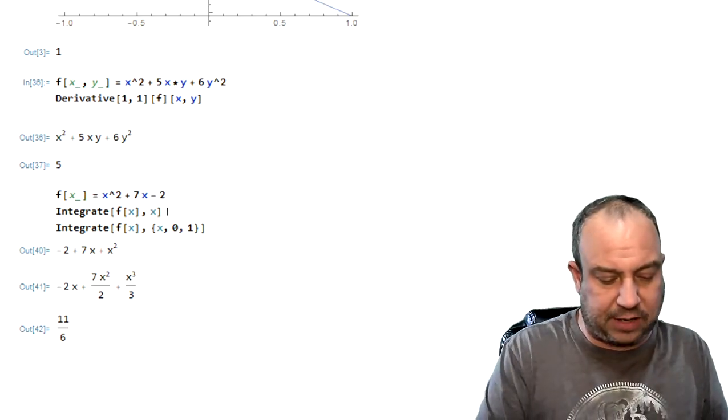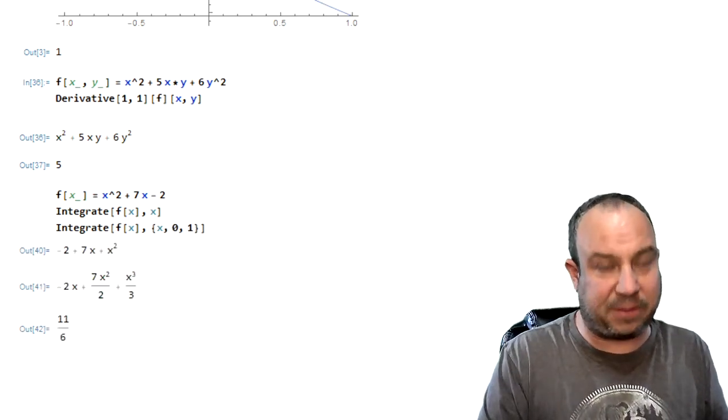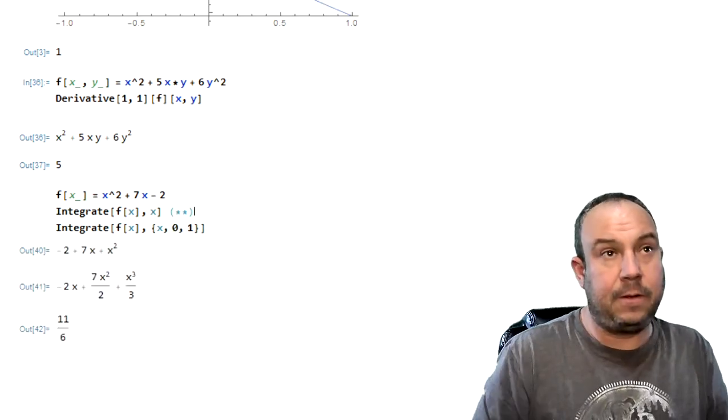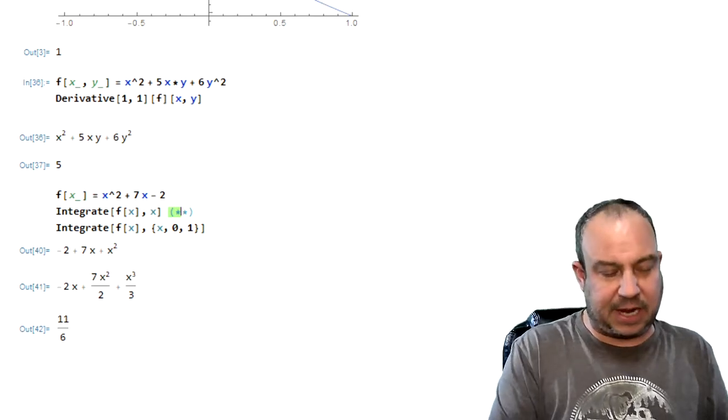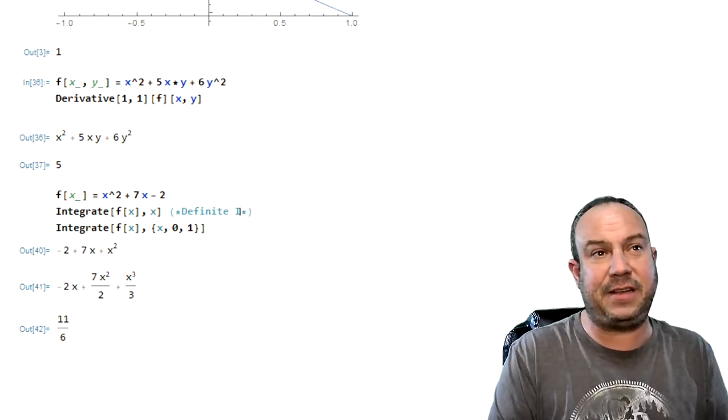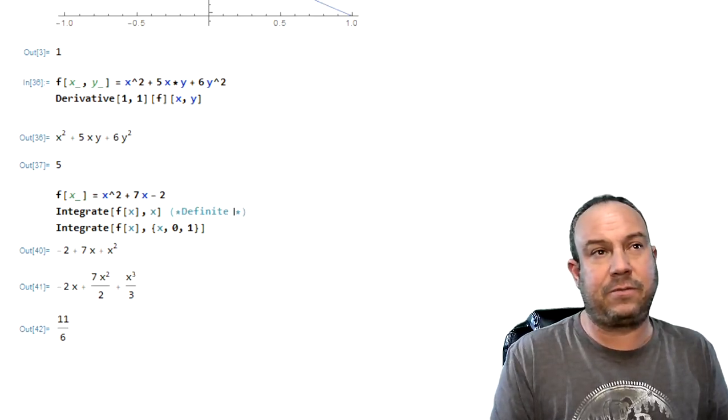And actually, if you wanted to ever do a little documentation in Mathematica, that's where the parentheses star parentheses comes in. I can go in here and say this is the definite, or sorry, that's not definite.